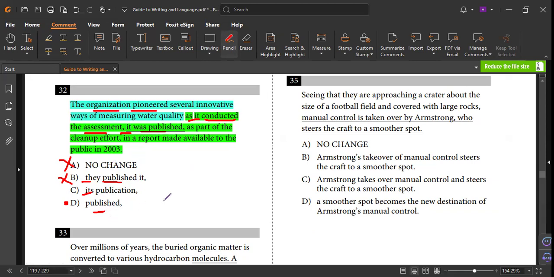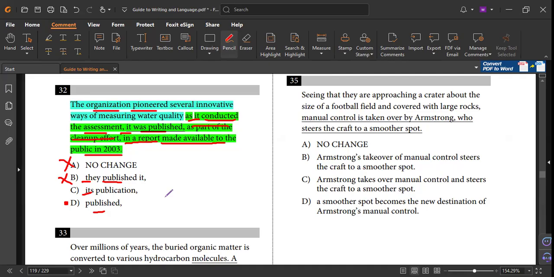Imagine, can we put a word between two commas? We can use it because it's not one word. Here, non-essential information, delete. So you will read it like that: published in a report which is made available to the public. So it's not one word, but it's a past participle phrase.